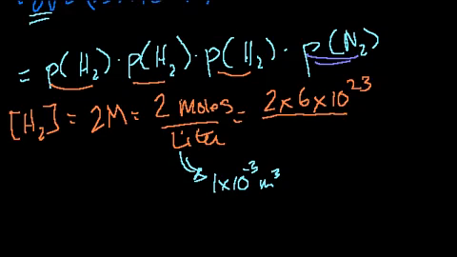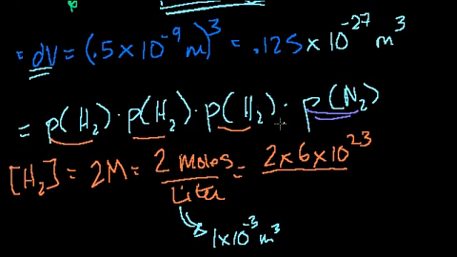So I'll just say 1 times 10 to the minus 3 meters cubed. And then if we want to figure out our dV, how many dVs do you have per meter cubed, or how many meter cubes are there per dV?